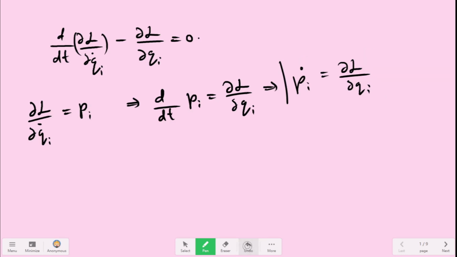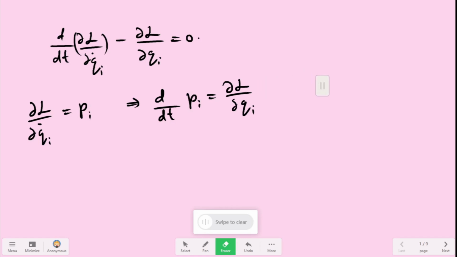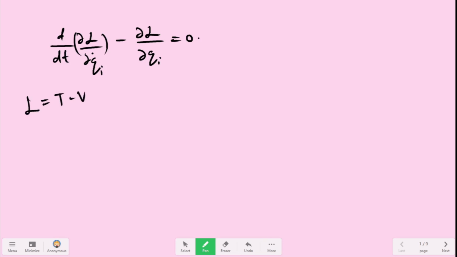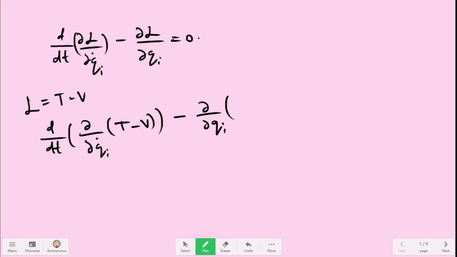Now again come back to the Euler-Lagrange equation of motion. In this equation, if you put L is equal to T minus V, you get d by dt of ∂/∂q_i dot of (T minus V) minus ∂/∂q_i of (T minus V) is equal to 0.